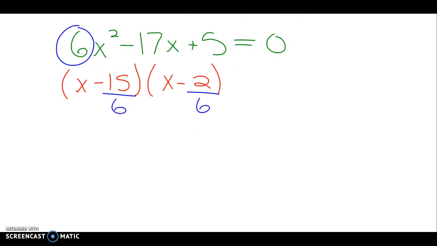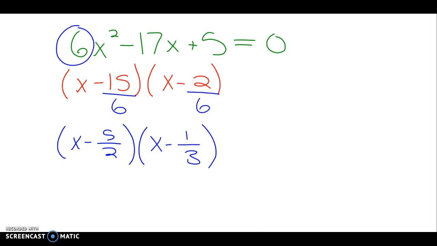Now this is what I was talking about. Neither of them are going to simplify to a whole number. They do simplify, you have to do that, but we don't get a nice pretty number out of this. So what is 15 over 6 reduced to? They both divide by 3, good, so x minus 5 over 2. And then negative 2 over 6 is going to reduce to 1/3.